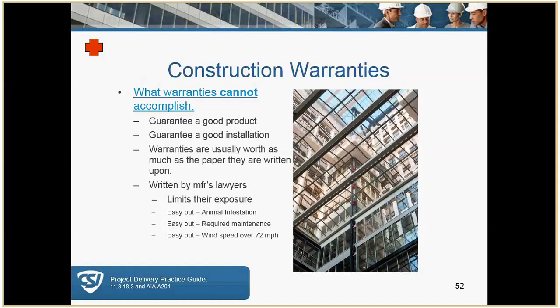An easy out is if they have required maintenance, and another easy out is if the product experienced wind speed over 72 miles an hour. Roofing, well, that's the minimum wind speed anywhere in the United States, 72 miles an hour, so it's going to be exceeded. They could easily claim that just by looking at the historical weather data.